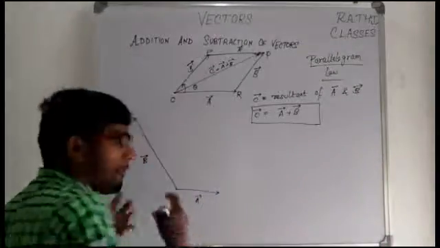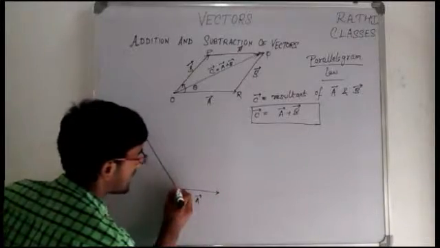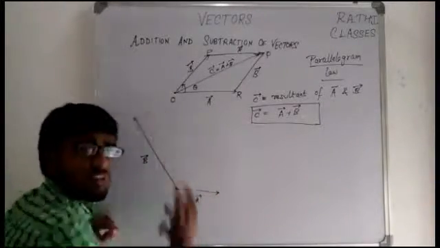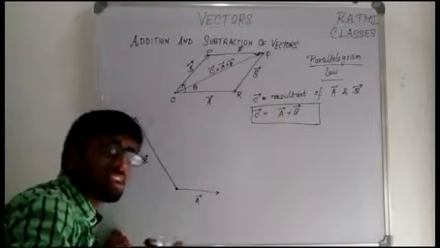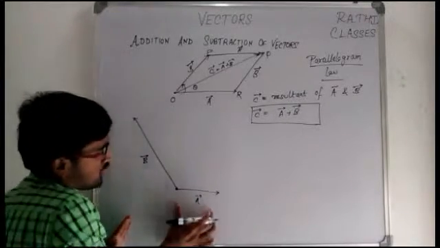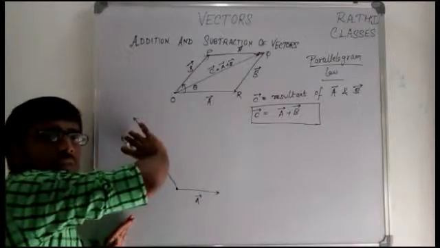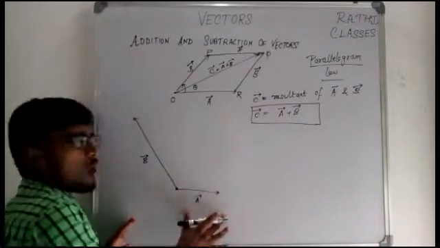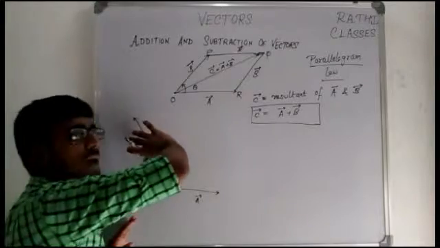If I place a particle here and assume that these two vectors are force vectors, or I can assume any vector, velocity, acceleration, then I can see that this force is lesser than this force. So the acceleration produced by this force will be lesser than the acceleration produced by this force.